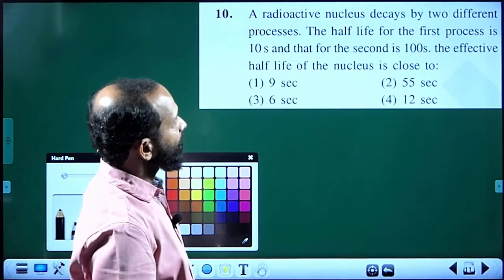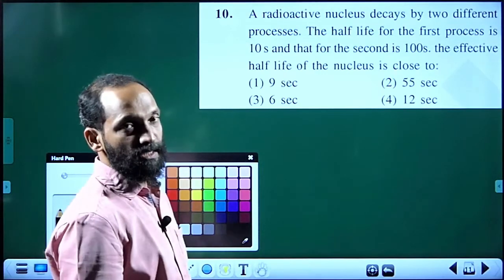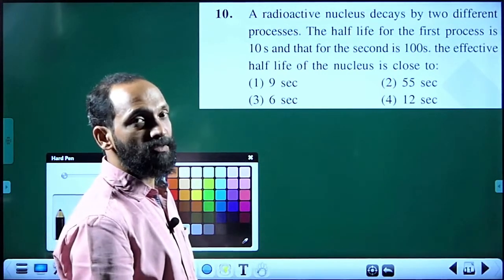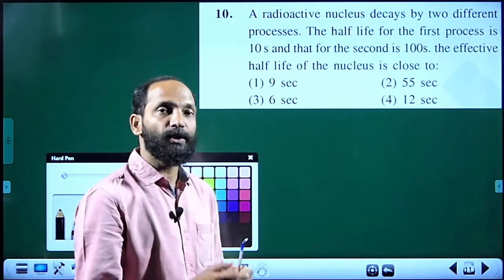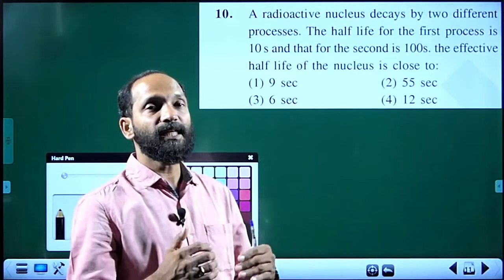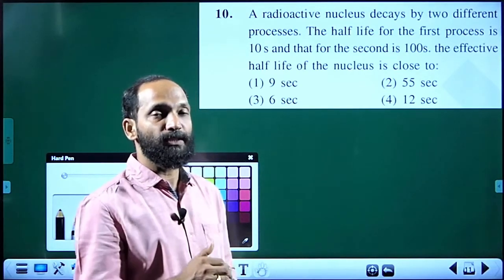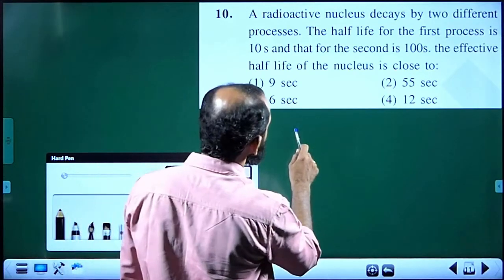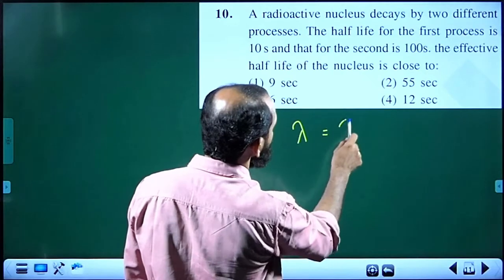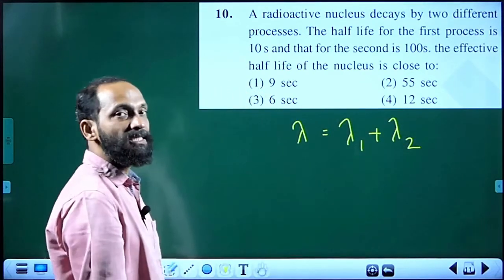There are two different processes by which the disintegration occurs, so the total disintegration constant will be the sum of the disintegration constants of each. That means the total number of nuclei disintegrated per second is the sum of the disintegrations per second by each of those processes. Then the total disintegration constant lambda is the sum of lambda 1 and lambda 2, and this is the basic principle.